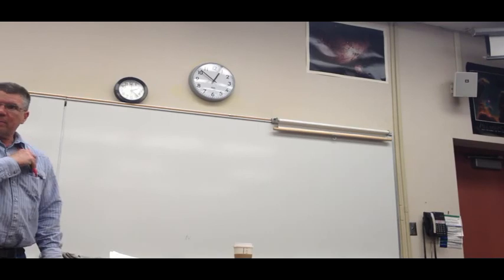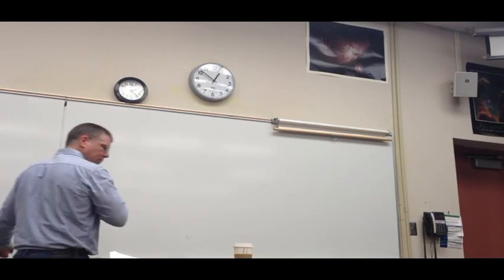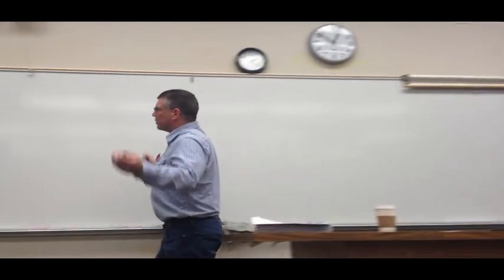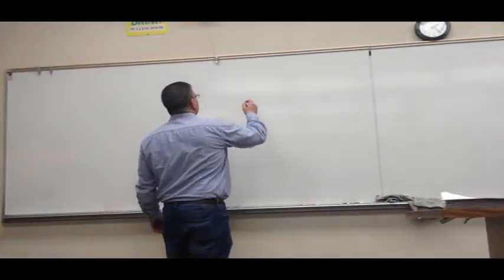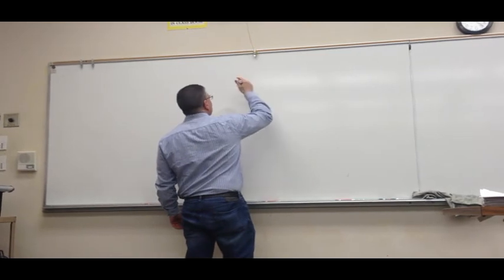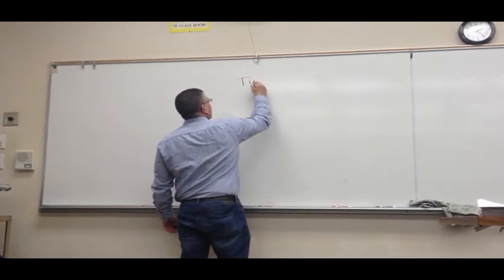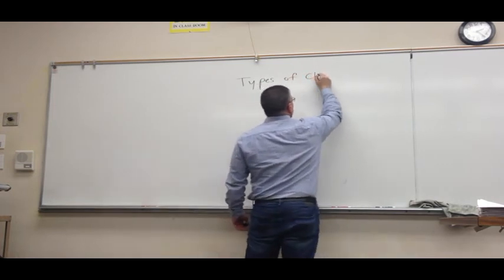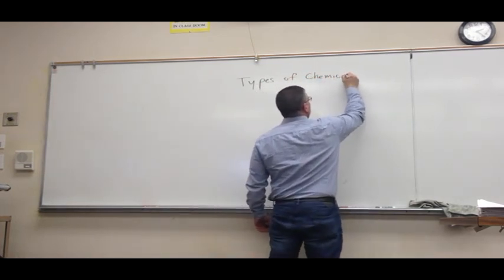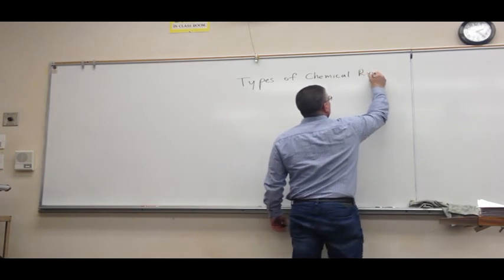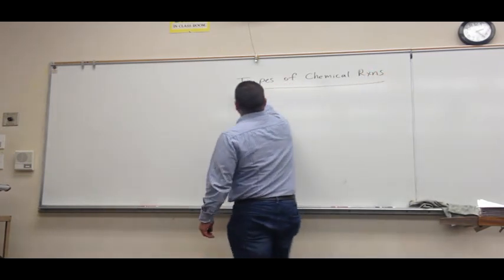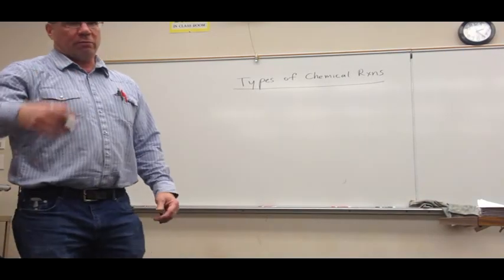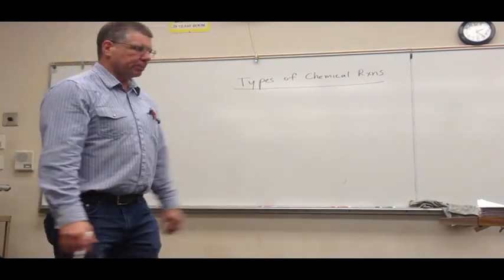So we are in chapter 10 here. Chemical reactivity. One way of classifying chemical reactions is based on what the atoms are doing.